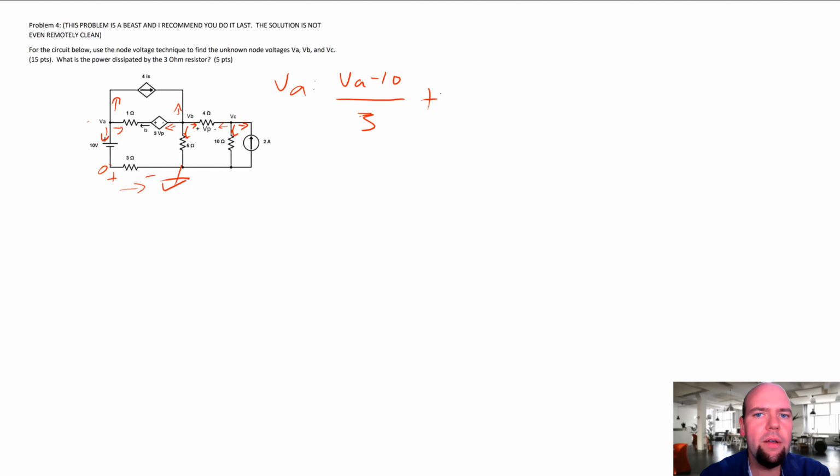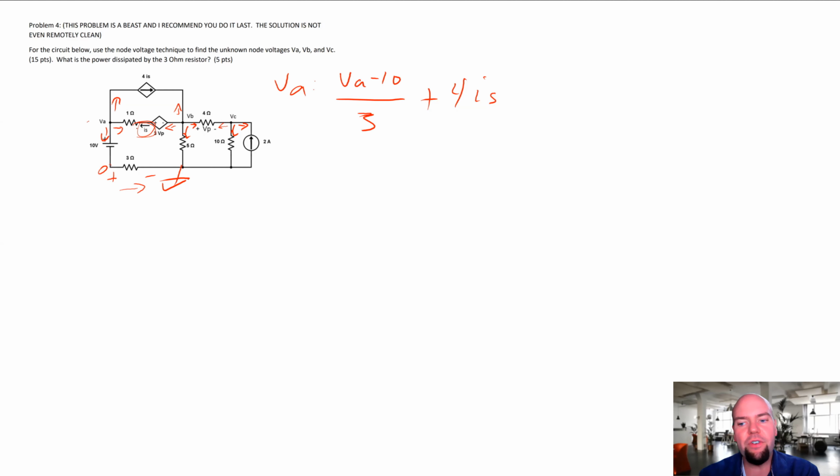And then up top, this current is 4IS. We're just going to leave it as 4IS for now. And then going to the right, one thing is we have IS labeled here, and a lot of times that's a label being used by another dependent supply. A lot of times students would see that and just put a negative IS. You could put a negative IS, but we're going to have to substitute for IS anyway.